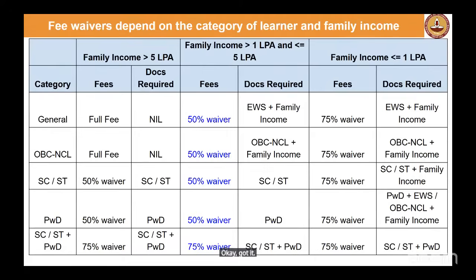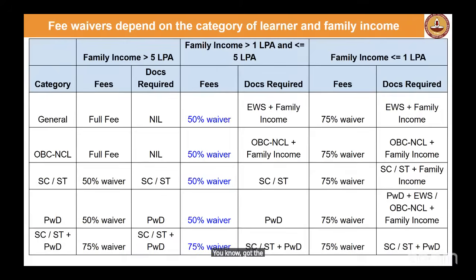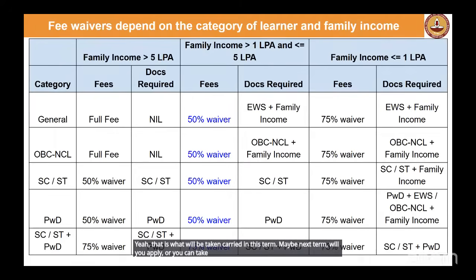We consider only the previous year income, that is 24-25. You would have got the waiver, didn't you get the 50% waiver? No, I paid 24,100 rupees fee. Oh, because your family income was greater than 5 LPA. Yes, that is what will be carried in this term. Maybe next term when you apply, you can take the 50% fee waiver.